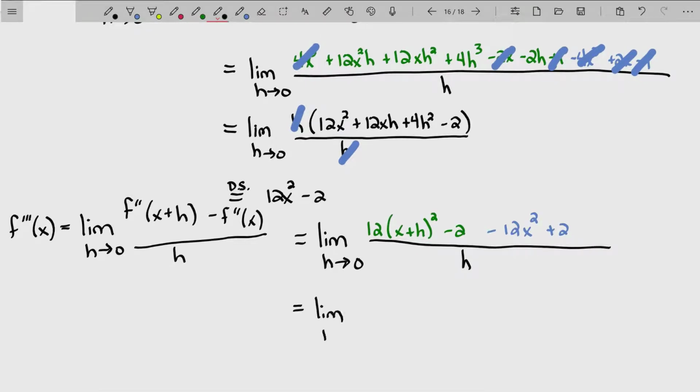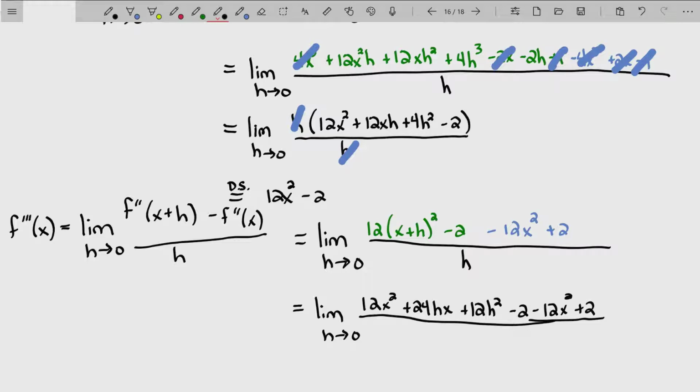Limit as h goes to 0 of, this will be a 12x squared plus 24hx plus 12h squared minus 2 minus 12x squared, and then a plus 2. That was just quick multiplication out. Hopefully everything was right. Cancel anything that's alike.